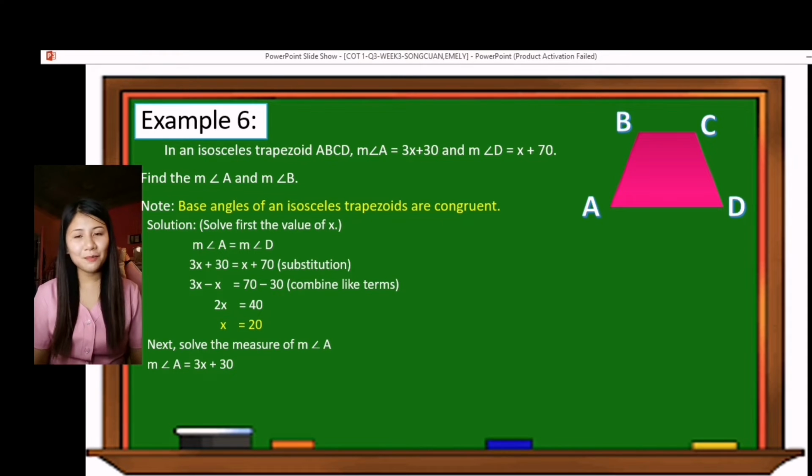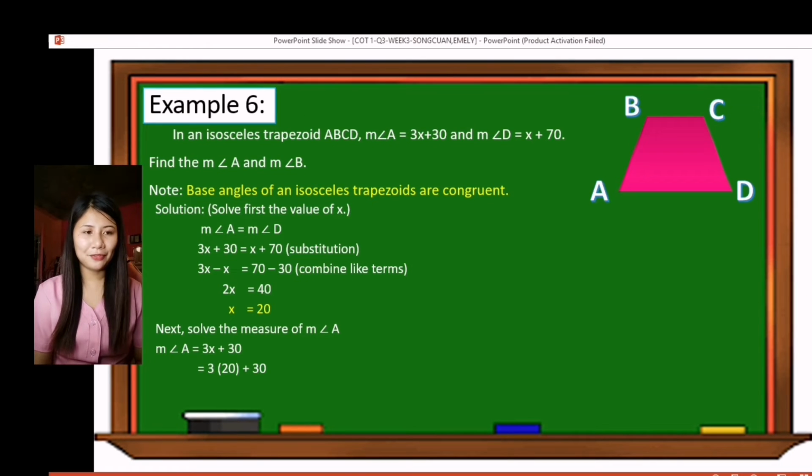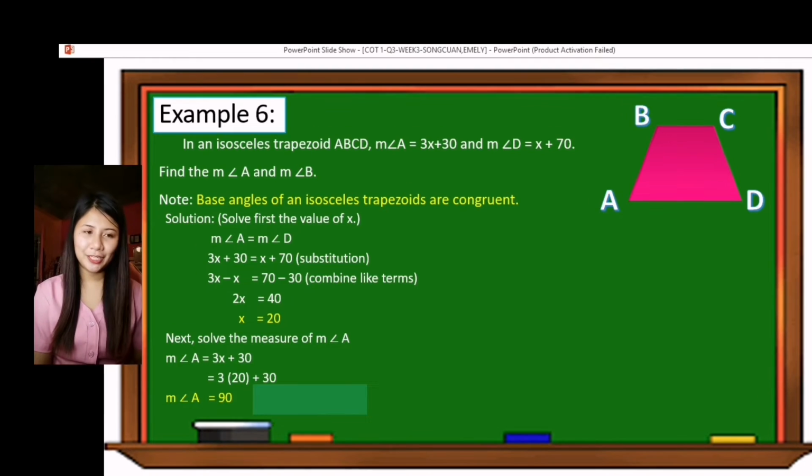Next is solve for the measure of angle A. So the measure of angle A is equal to 3x plus 30, right? So we're going to substitute the value of x. So that is 3 times 20, that is equal to 60, plus 30, that is equal to 90. So the measure of angle A now is equal to 90.